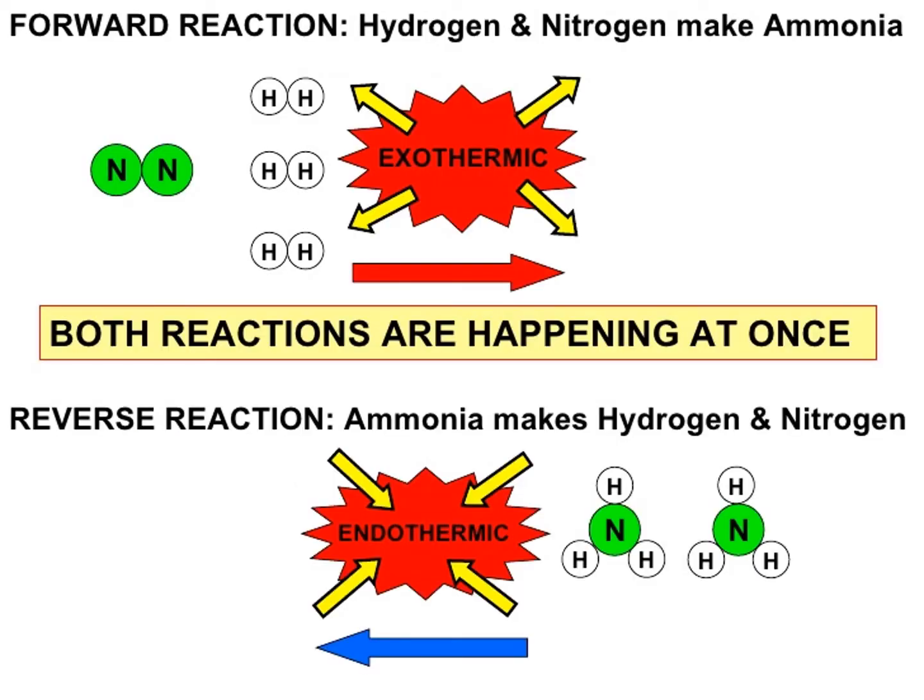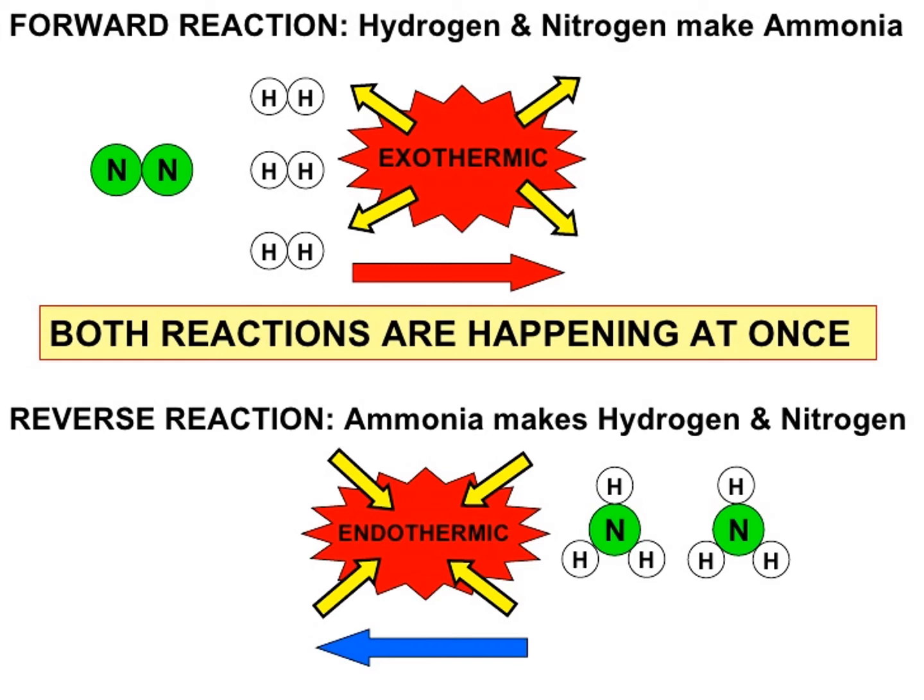Now look at this reaction. The forward reaction, in which hydrogen and nitrogen react together to make ammonia, is an exothermic reaction. But the reverse reaction, in which ammonia makes hydrogen and nitrogen again, is an endothermic reaction. As both reactions are happening at once, the forward reaction is exothermic and generates heat, then the reverse reaction is endothermic, that means it absorbs heat by the same degree.